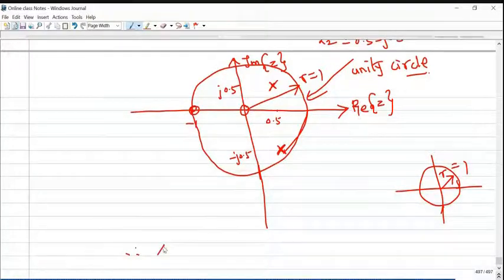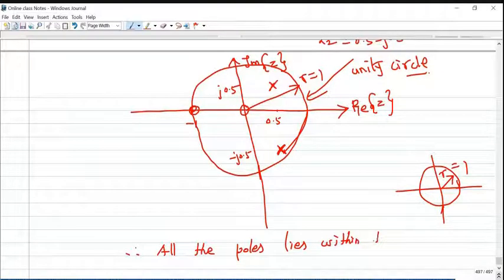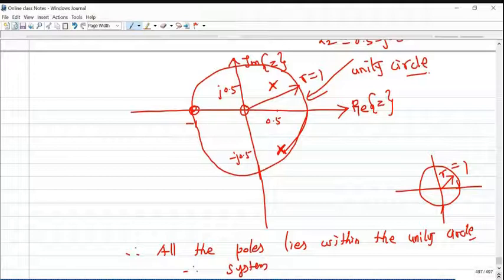Write down: all the poles lie within the unity circle. Therefore, the given LTI system is a stable system.